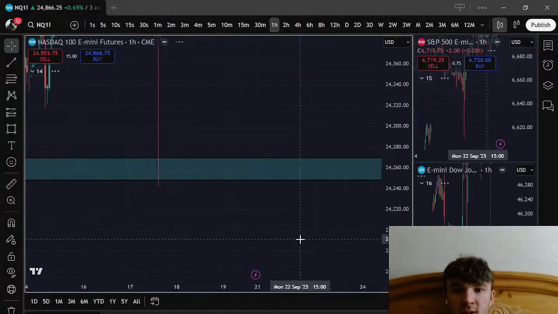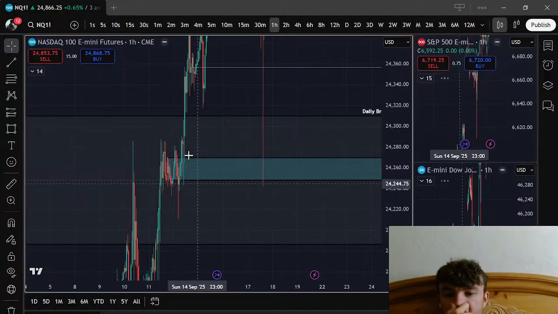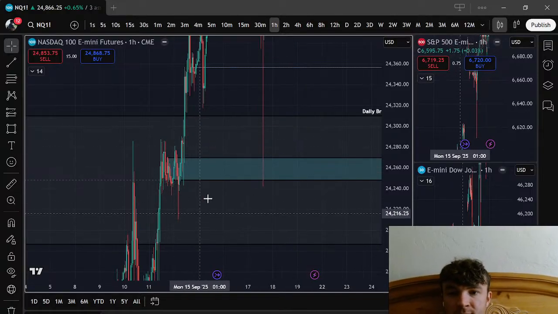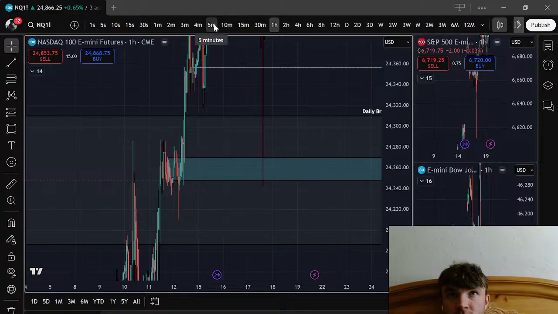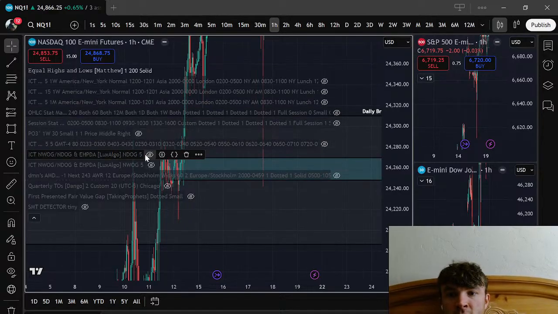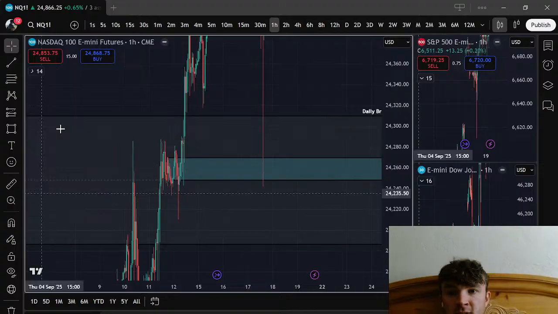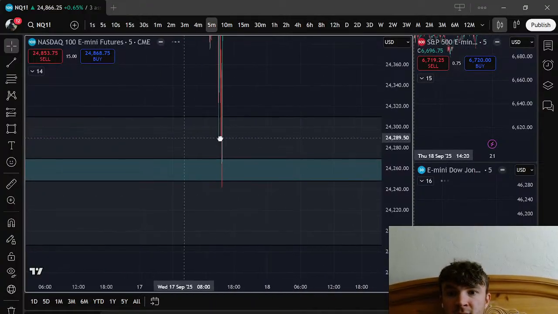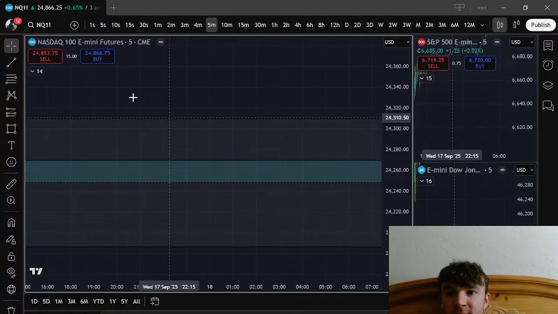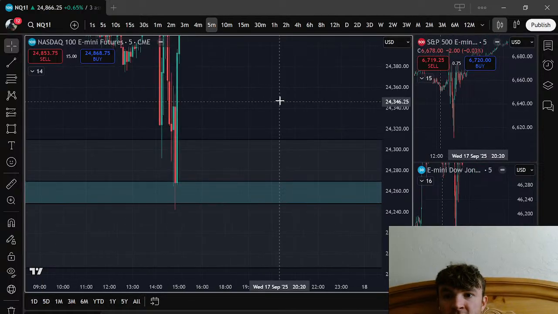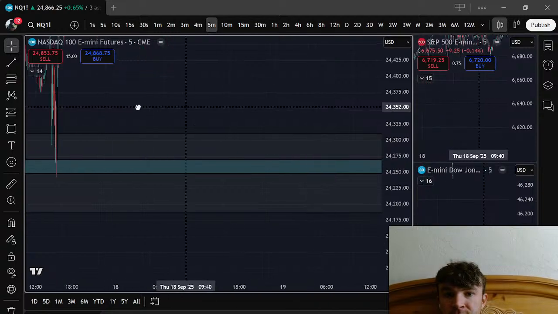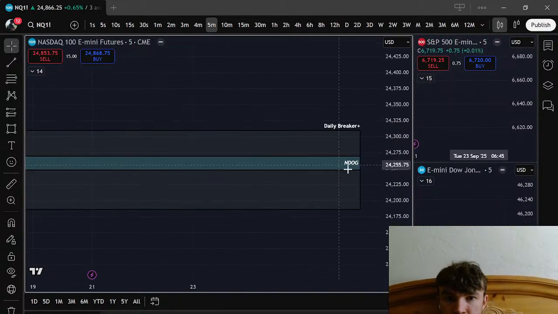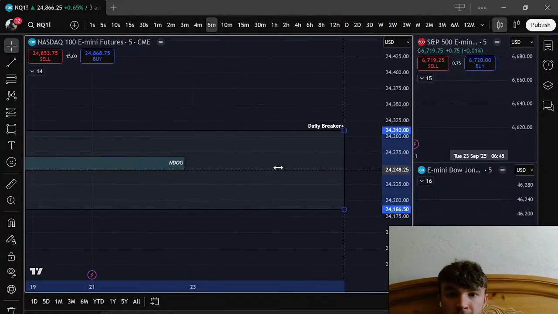And one strategy I am considering, like not a strategy, but a new model I'm considering continuing to backtest, is just a 5-minute change in state of delivery off of new day opening gaps with a liquidity sweep. Or maybe a 1-minute one.